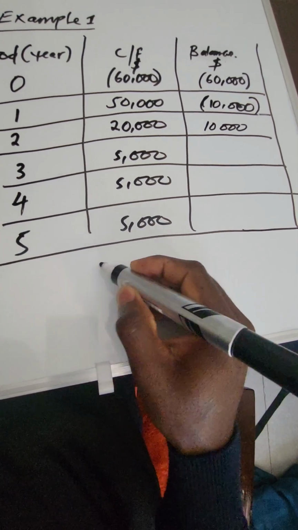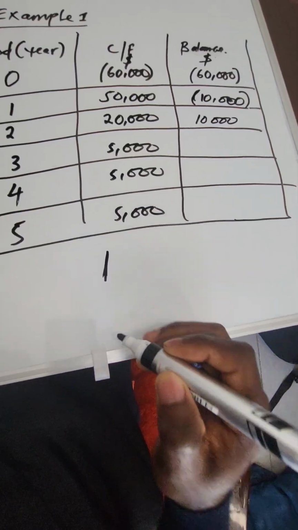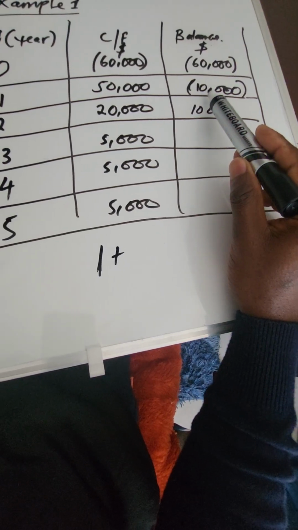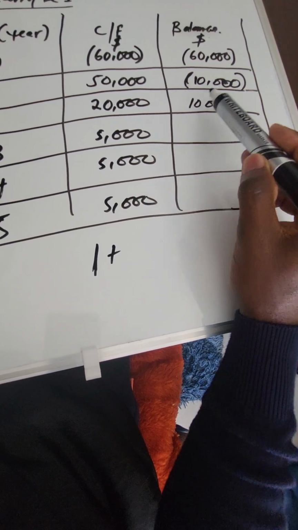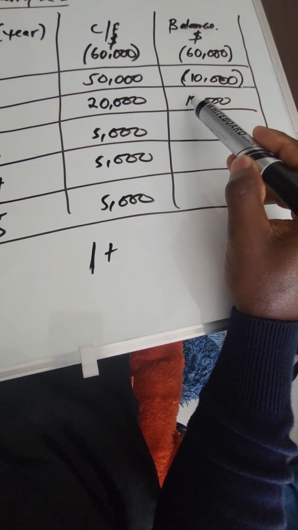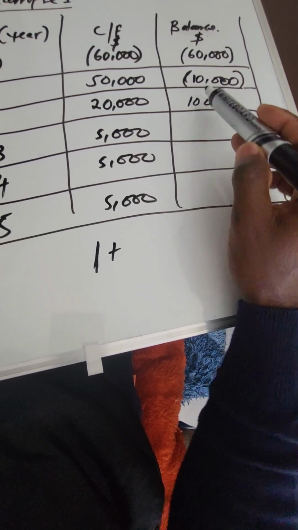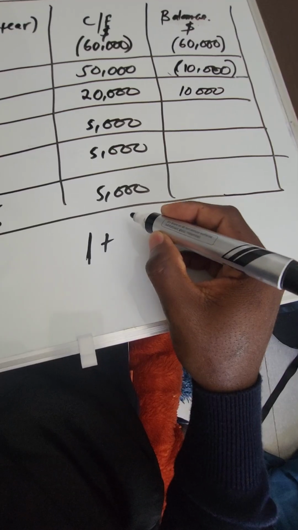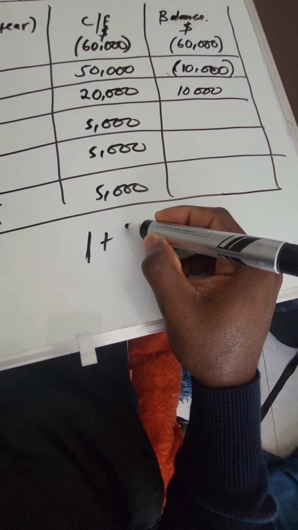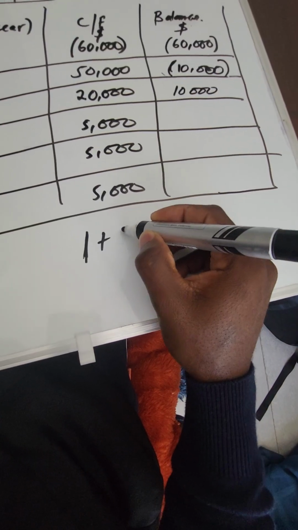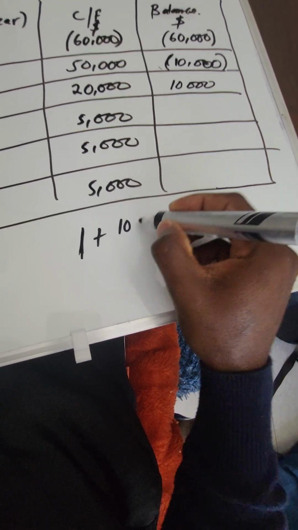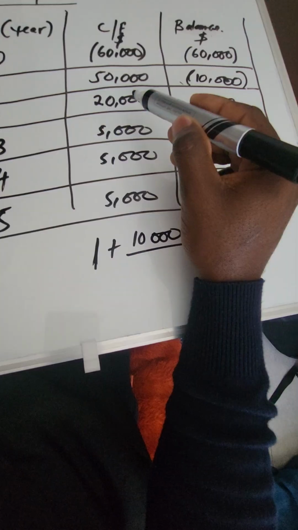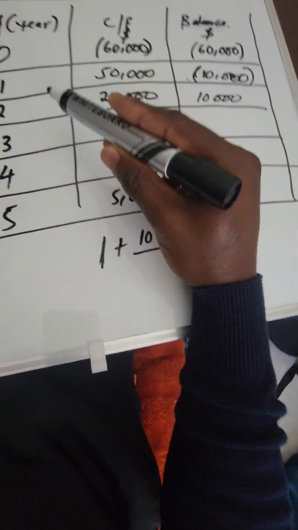We're going to take that into account to say, okay, year 1, plus, what we're going to do at this point, you've seen this negative balance before the positive balance, you are going to take this negative balance and say 10,000 divided by the cash flow for the following year, which is year 2.